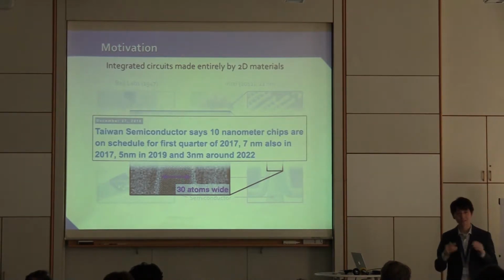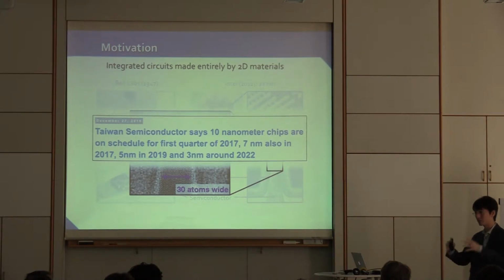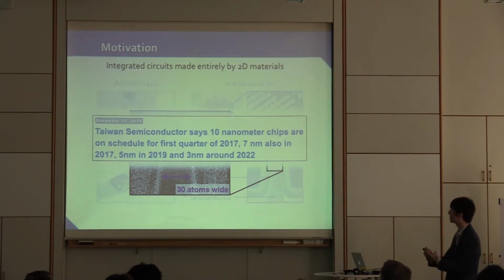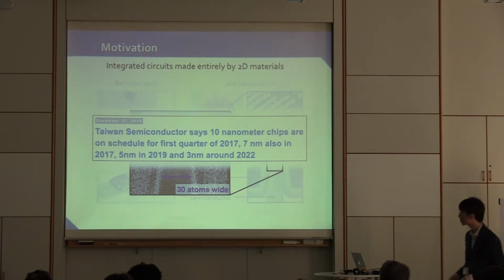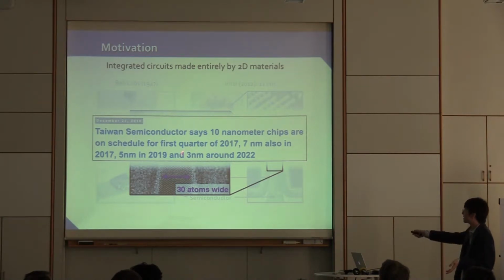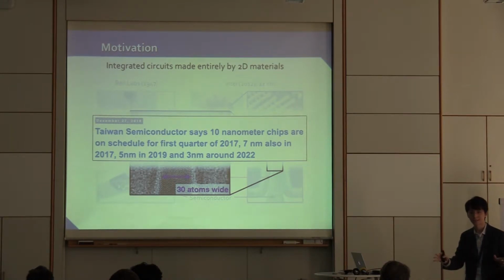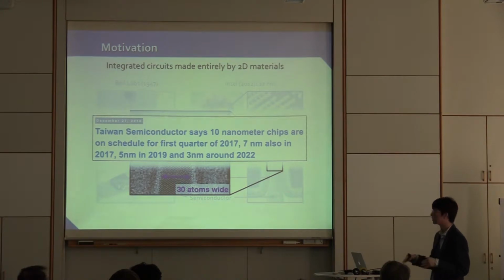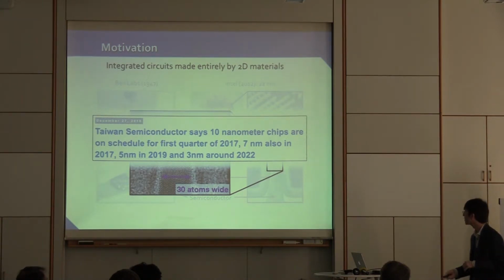TSMC in Taiwan, one of the biggest global providers of chips, said that in the first quarter of 2017 they would have 10 nanometer junctions, and then 3 nanometers around 2022. 3 nanometers is only about three times thicker than a monolayer semiconductor. That means eventually the chips will go into the regime of very thin materials.